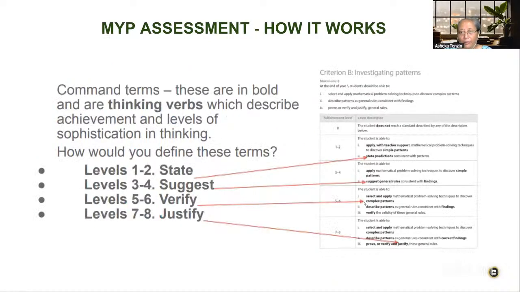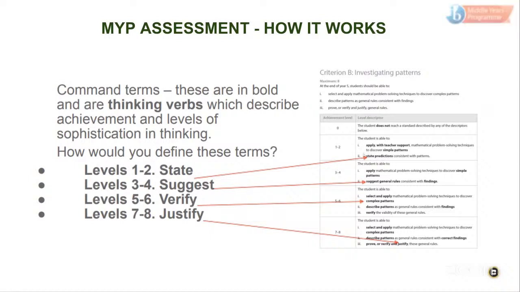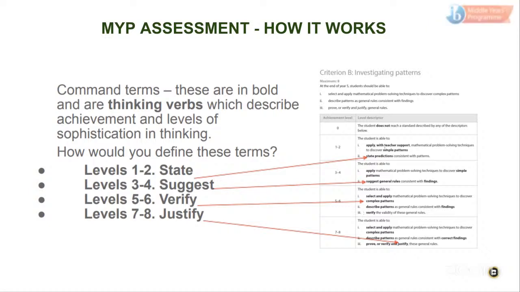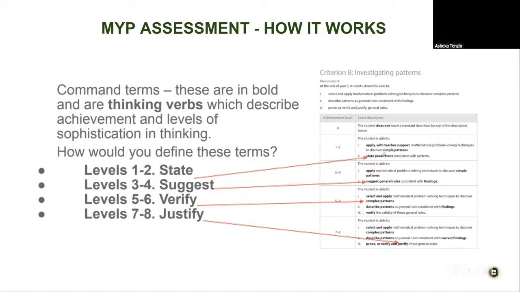Okay, now the command terms. When you look at the command terms, the first one is state, and then it comes to suggest, then verify, and then justify. You see that you go from lower order thinking to higher order cognition, metacognition.